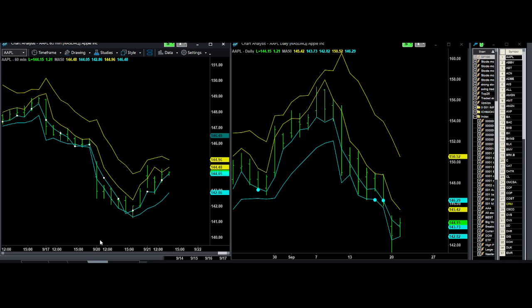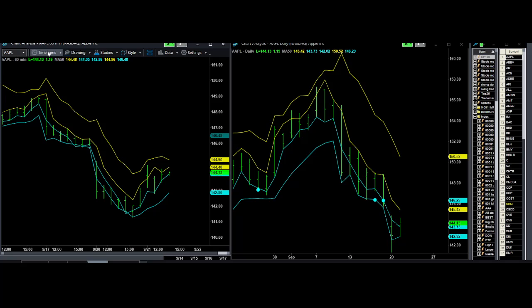Let's go back to this Bayesian prediction model. During this 60 minutes chart, the price is still relatively stable, with no significant increase or decrease.